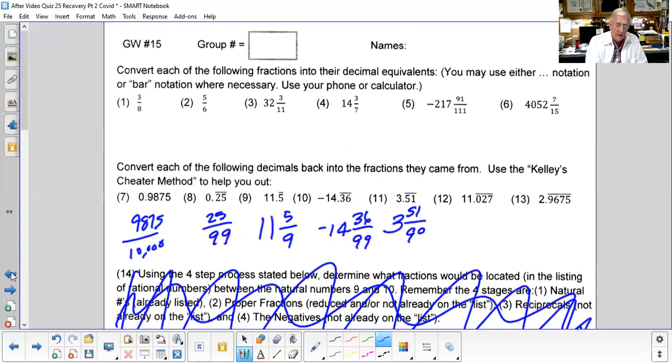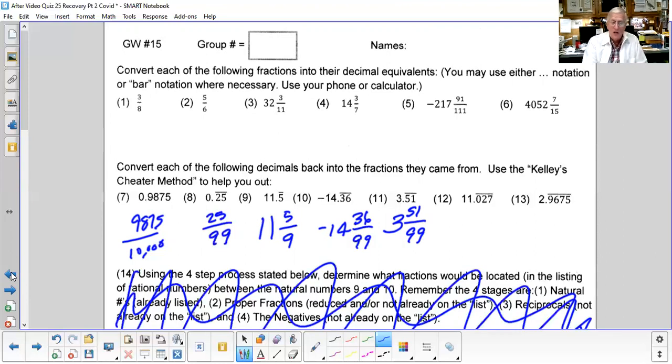Okay, the next one, 351 over 99. I believe this comes out 17/33 when it's reduced. Now you got to be careful on number 12. Notice the repetition does include the 0.